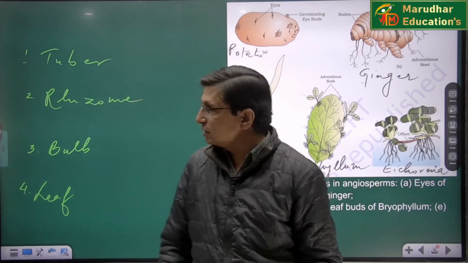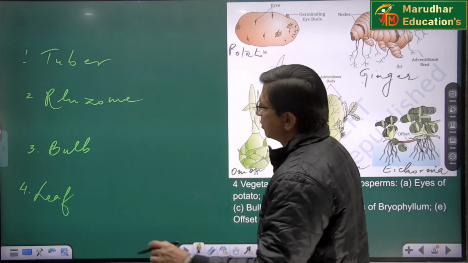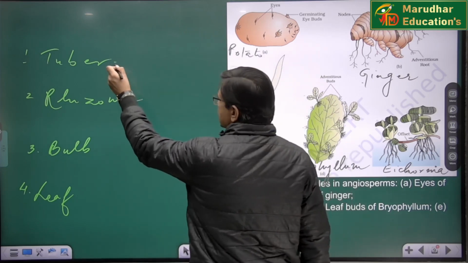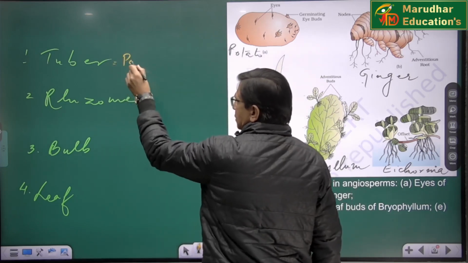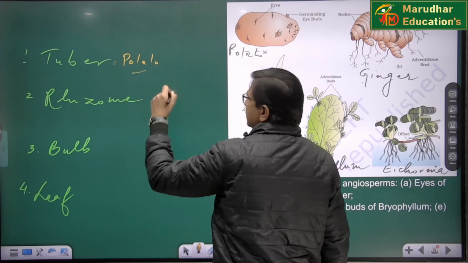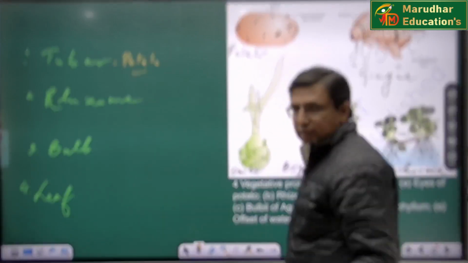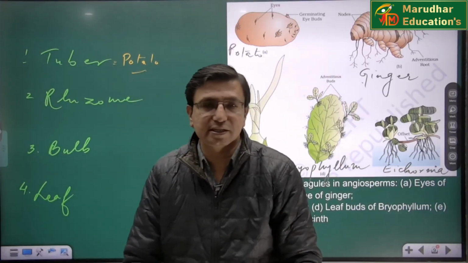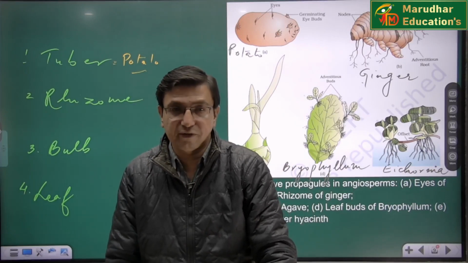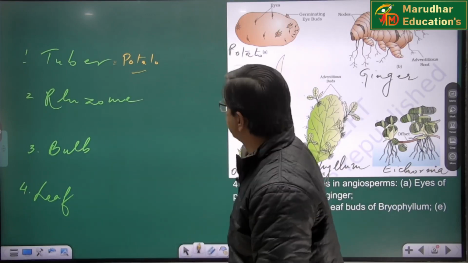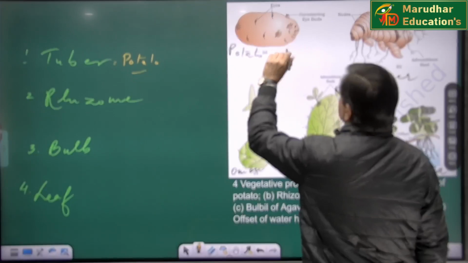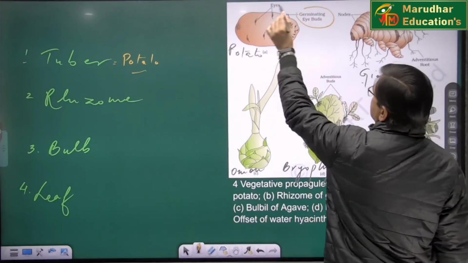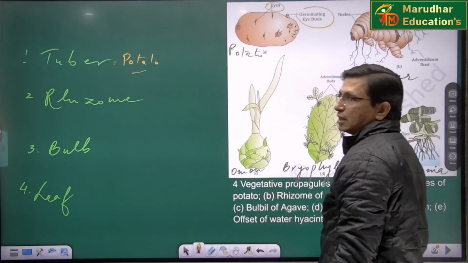तो सबसे पहले हम बात करते हैं vegetative propagule that is called tuber. Tuber is present in a potato, right? You already know that potato is a modified underground stem. और इस potato पर हमें क्या दिखती हैं? We are able to see buds. Sometimes they are also known as eyes.